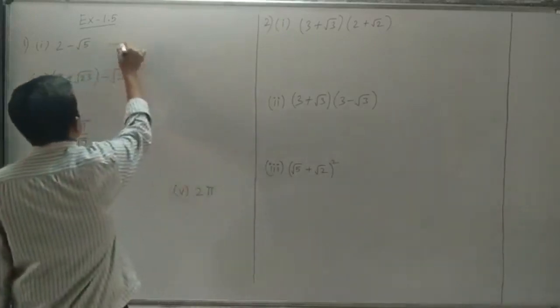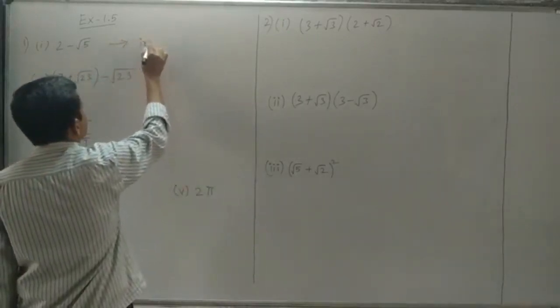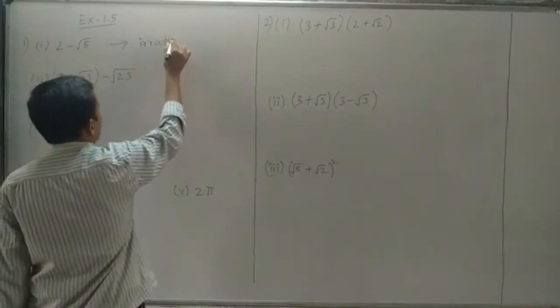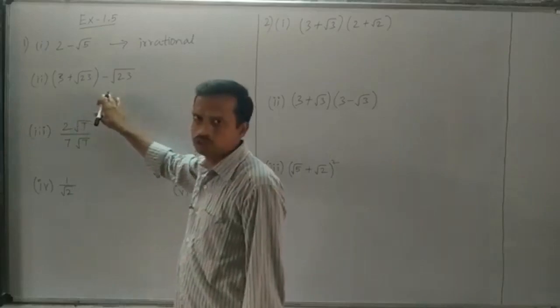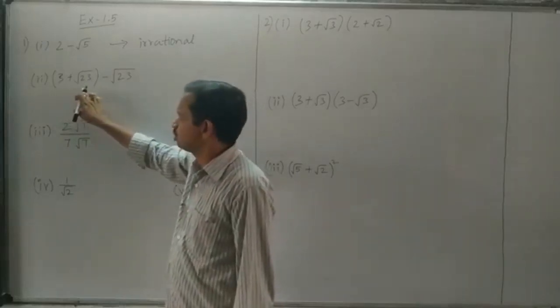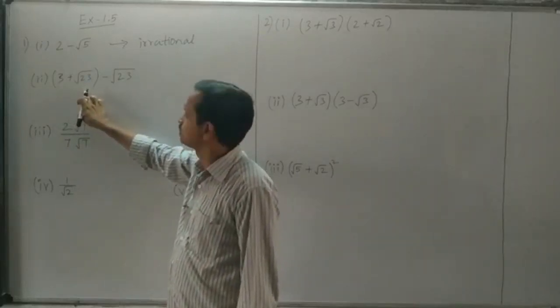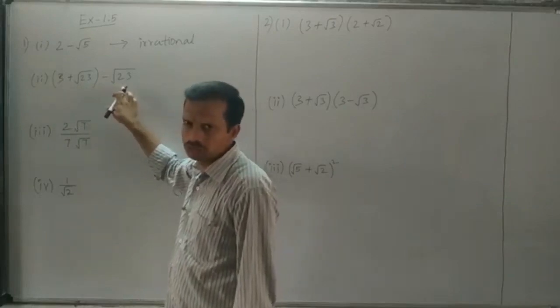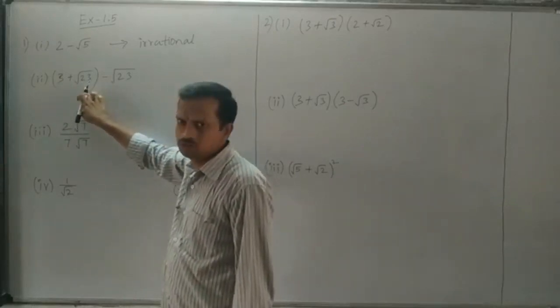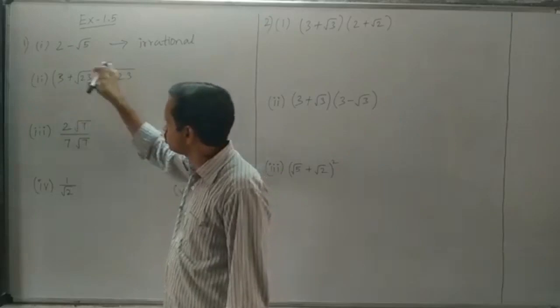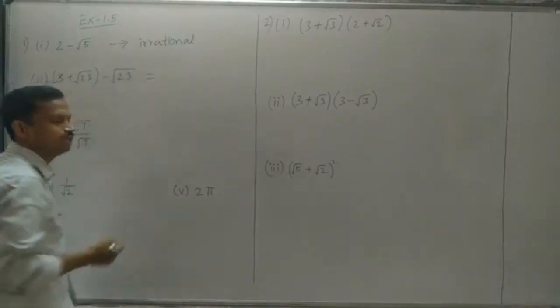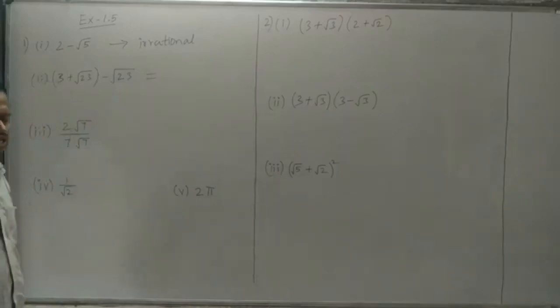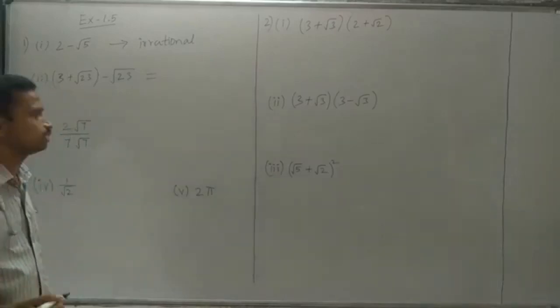So this becomes irrational. And now coming to option 2, 3 plus root 23 and then minus root 23. So root 23 means irrational. But we have to simplify this. We have to bring it to the simplest form and then classify whether it is rational or irrational.